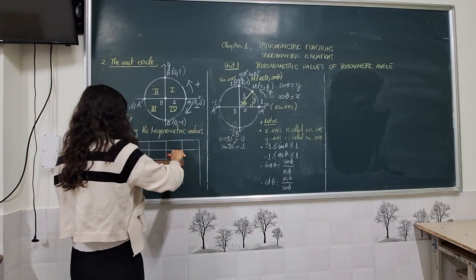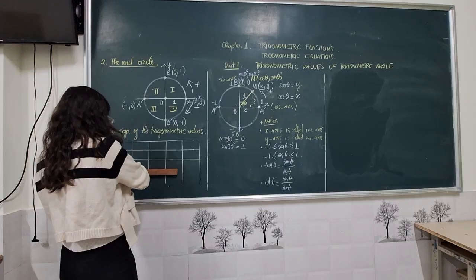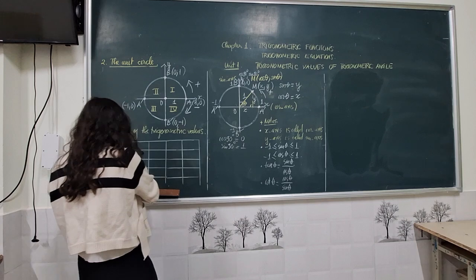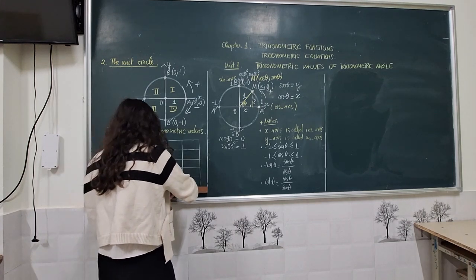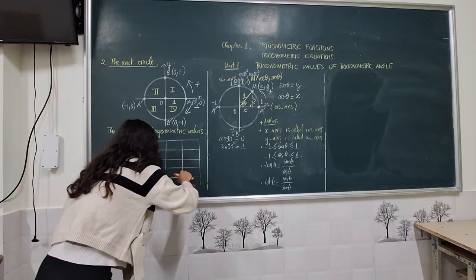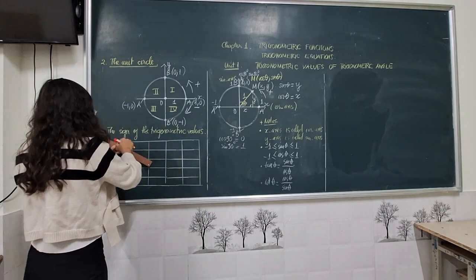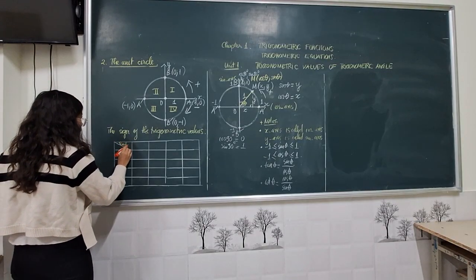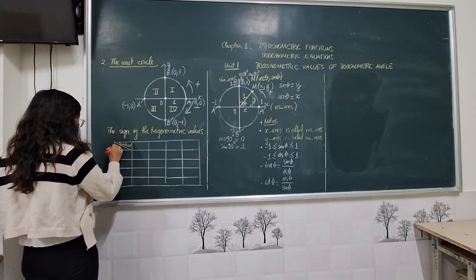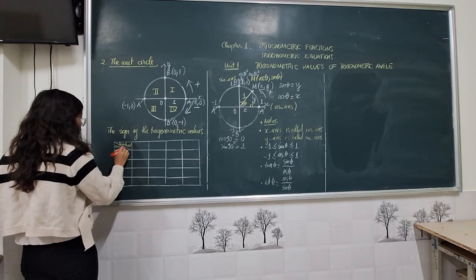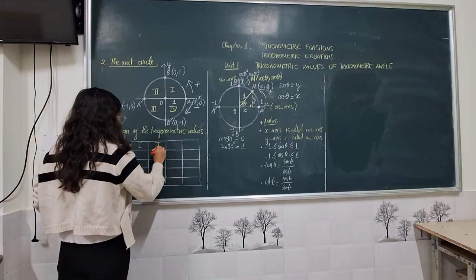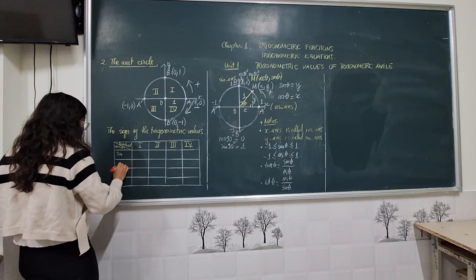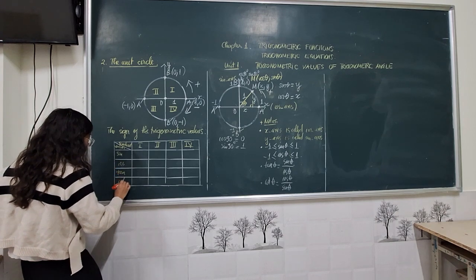Sine, cosine, tangent, and cotangent. I have the quadrant and the trigonometric values: quadrant 1, 2, 3, and 4, with sine, cosine, tangent, and cotangent.